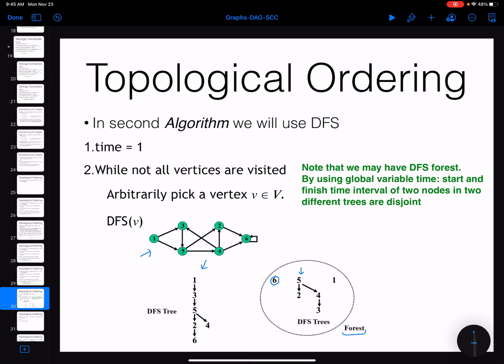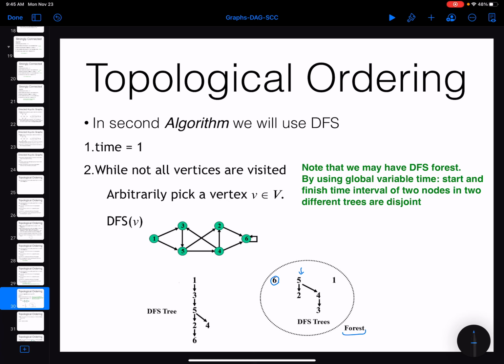Run the DFS in this direction, or for example, something like this, and think about the start finish times that you get for all of these nodes and see what the property is. I am going to just simulate it here for both of these two trees so that you can actually see what that great property is.